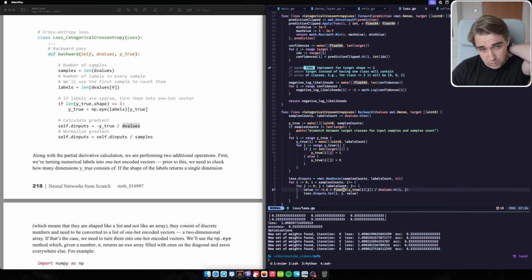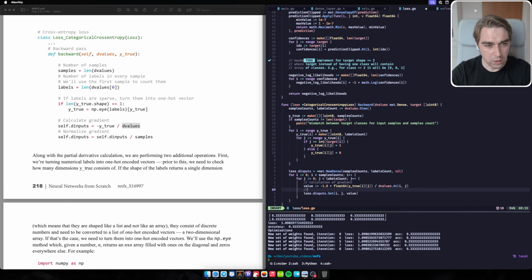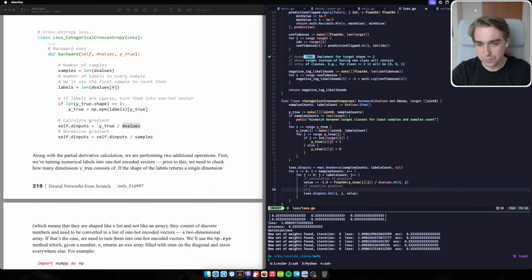And normalizing, so this is the calculation of gradient, then we normalize. We don't have to do another loop, because samples, it's in samples count.